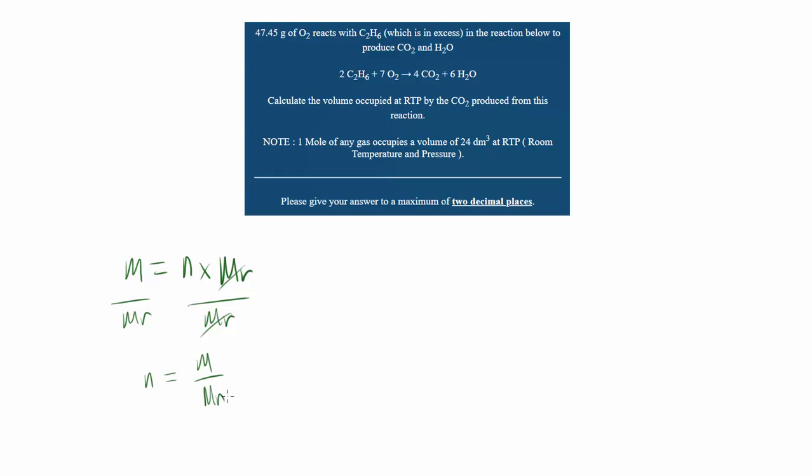Specifically for oxygen, we have the mass from the question, 47.45, but what we don't have is the molar mass, so we need to get this from the periodic table.